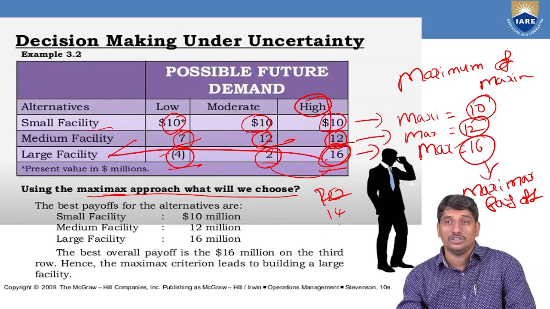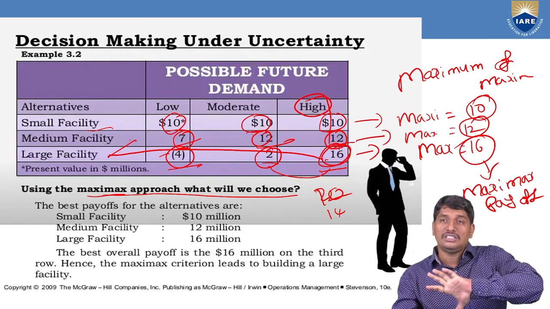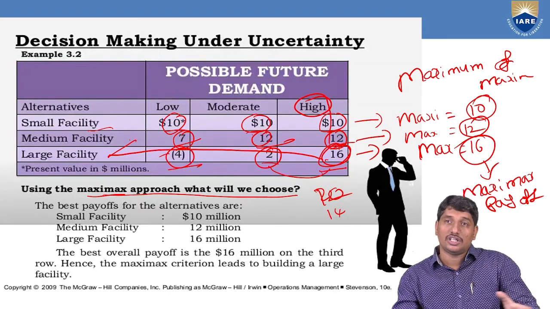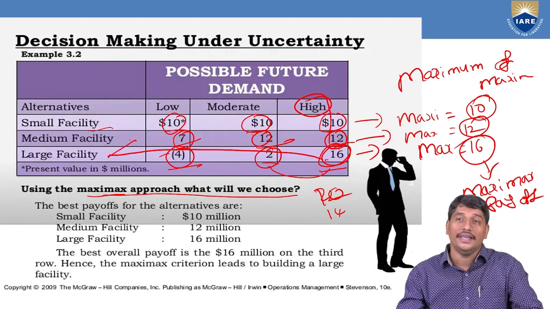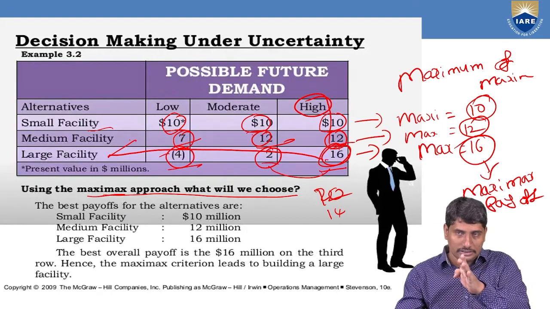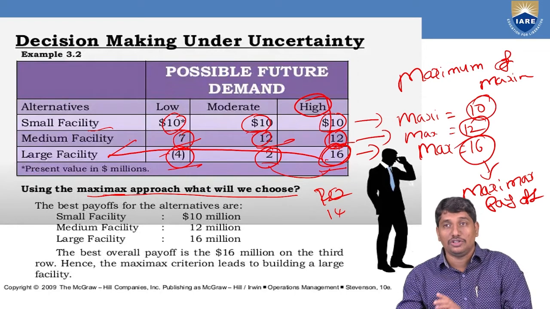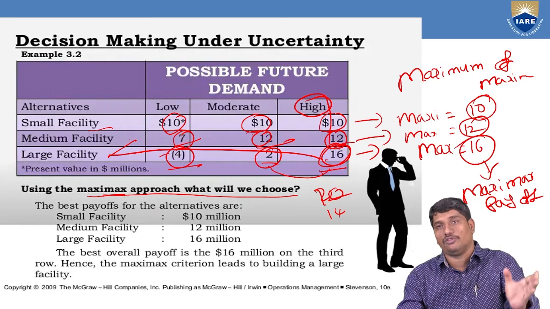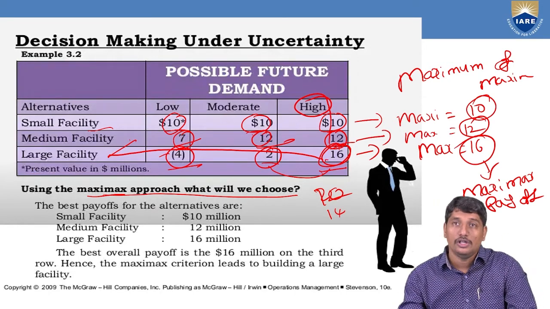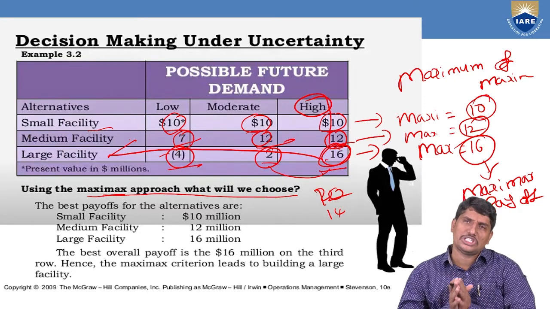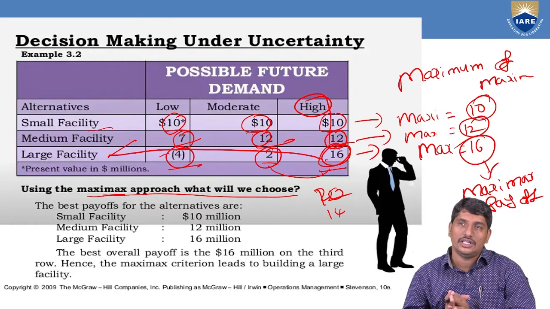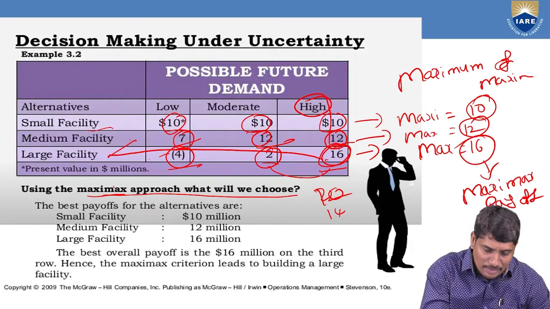This is $14. So you can easily overcome the marginal differences, and you can have big gains. So if you want to risk, you can go for large machine, so that you are going to have maximum, the highest amounts of profits. So when you want highest profit irrespective of risk and losses, then you will go with Maximax approach.